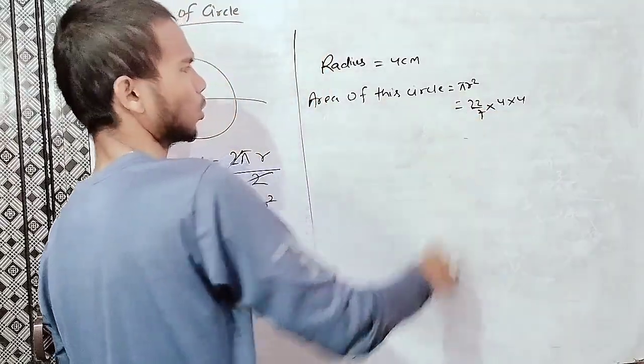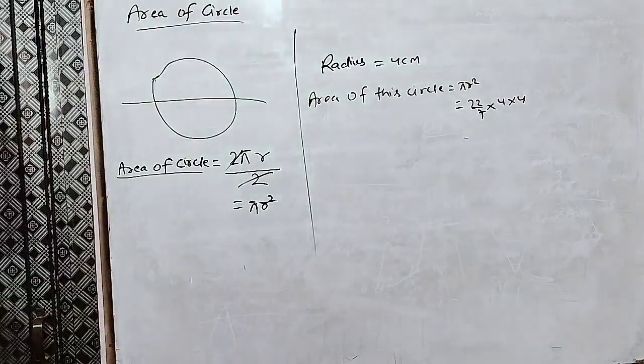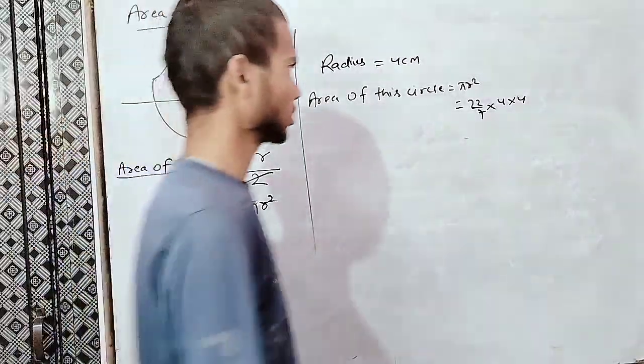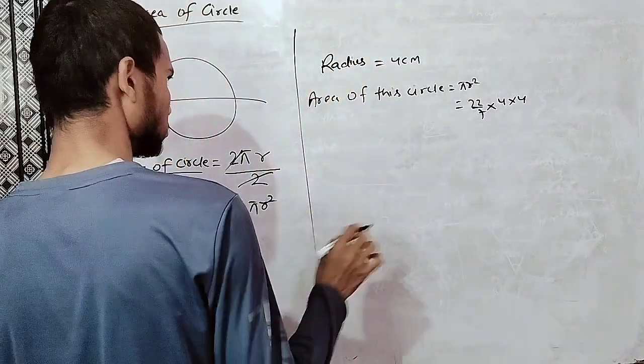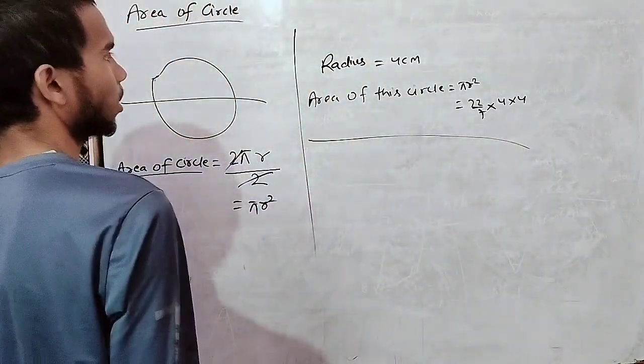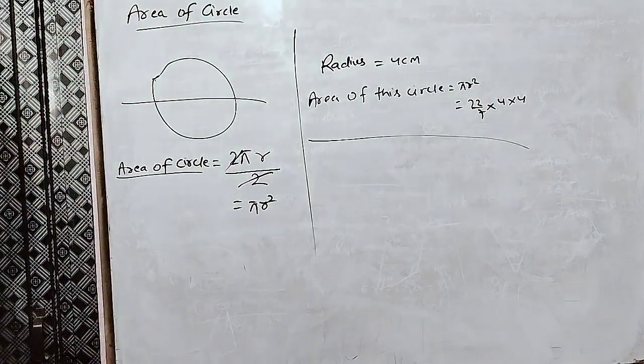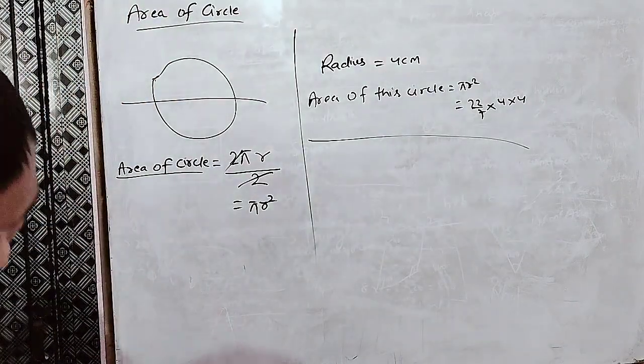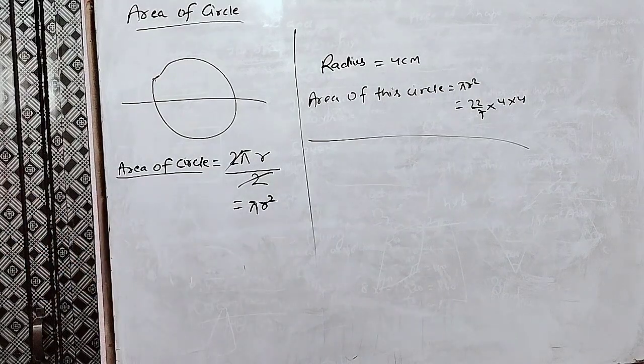Now just simplify it, then you will get the answer in decimal. Exactly, we found out the area of a circle. This is all. Now let's take some questions to do practice.